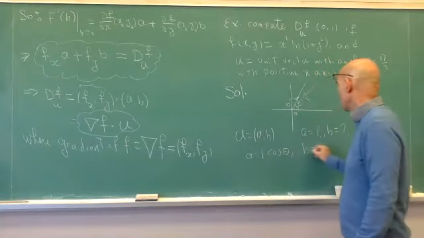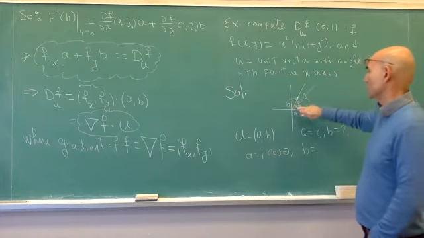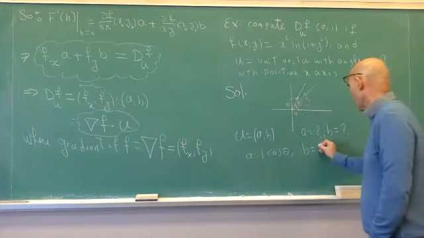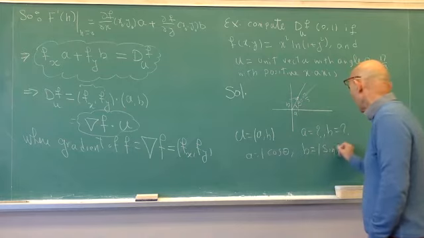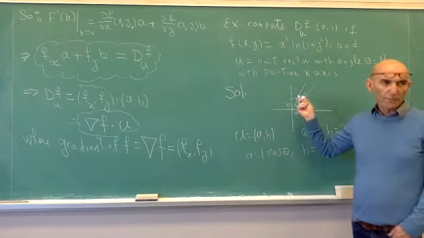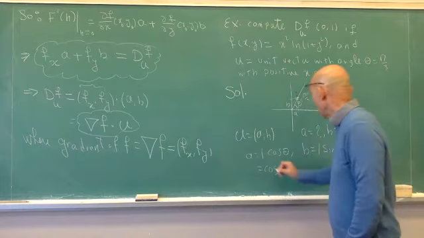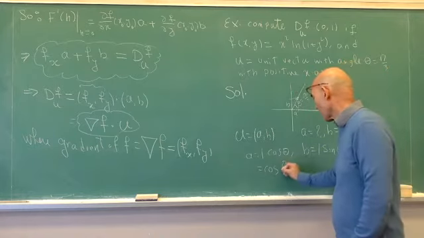And b is equal to, well, 1 times cosine of this angle, which is the complement of that, so it's 1 times sine of theta. And why did I use 1? Because the vector has length 1. So this is equal to cosine of pi over 3.